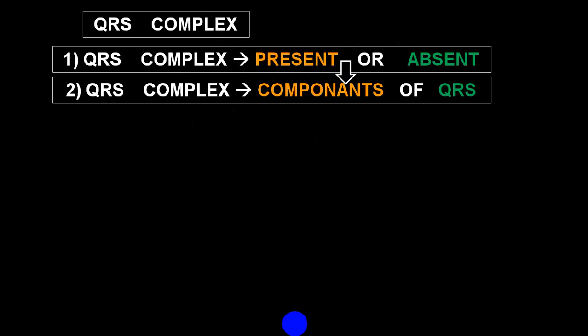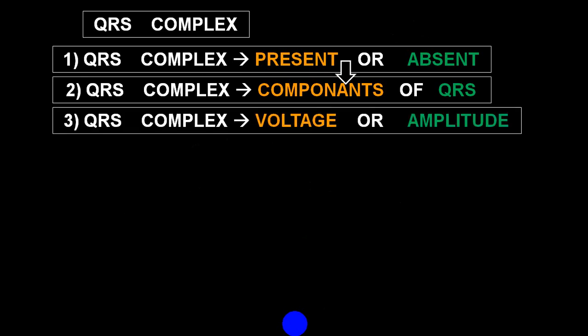Whenever the QRS complex is present, first you have to look at the components of the QRS complex, that is Q wave, R wave, S wave, and if there is a second positive wave, we call it R dash. Then we look at the voltage, or what we call the amplitude.